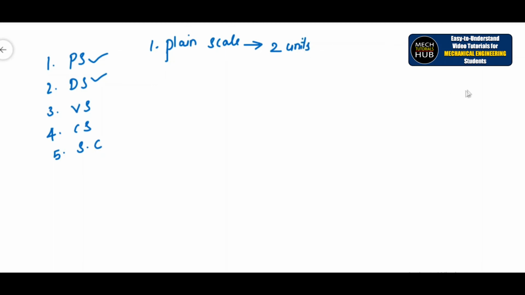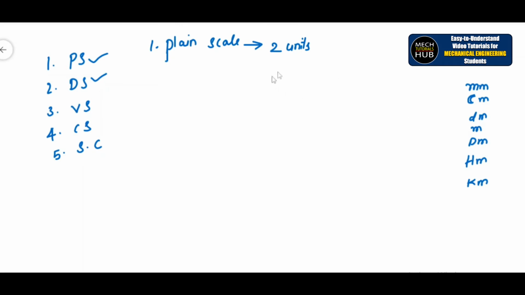Let me write all the units here again: millimeter, centimeter, again coming from least to the highest, decimeter, meter, decameter. Let us remember this for your understanding.